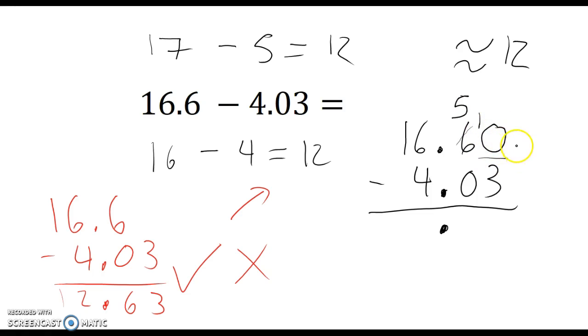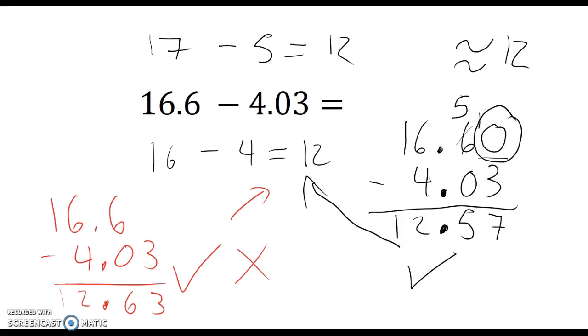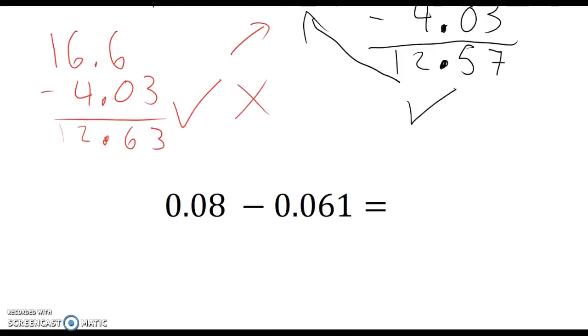This is now 10 hundredths, and I can take away my 3 hundredths from my 10 hundredths. 10 hundredths minus 3 hundredths is 7 hundredths. And then my 5 tenths minus 0 tenths is 5. My 6 minus 4 is 2, and then I get a 1. And you can see again that this is really close to my estimate, but in this case it's correct. Be careful of that. Do not forget to do this. It's a really important step.